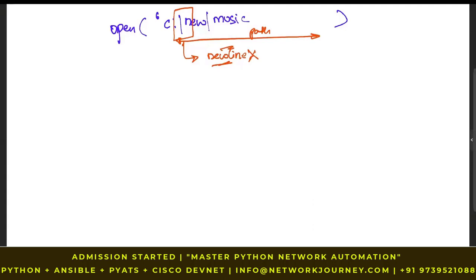So what we did is we just added R. R stands for RAW, which means that whatever you are writing should be treated as a system path only and nothing else. So the Python functionality should not overwrite or overlap the system path feature. That's why we just added R in front of a system path.